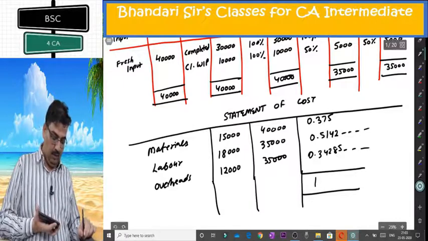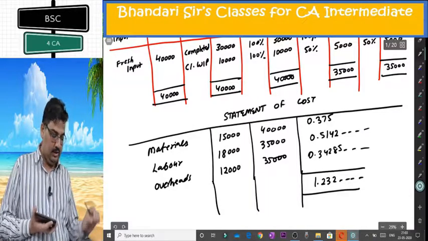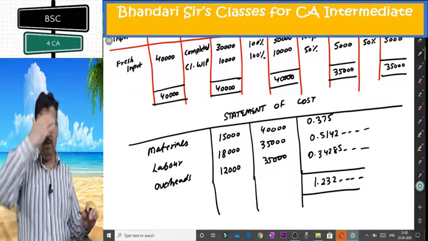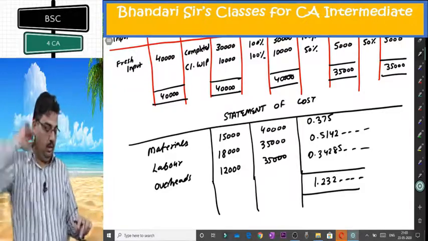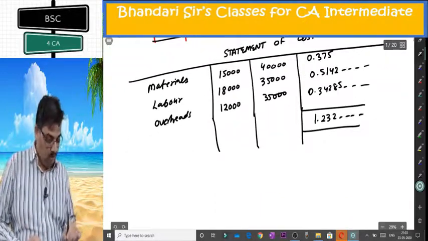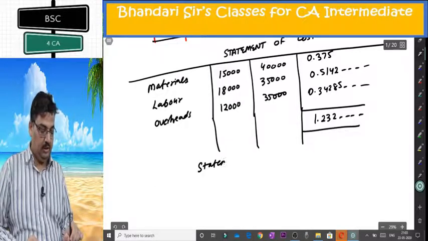If I add them, I get 1.232 and so on. I'll confirm. I'll take it till the end when I do the calculations. So I'm getting the last here in the first process.